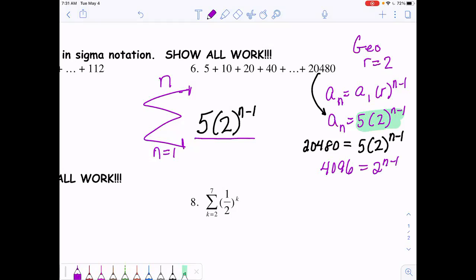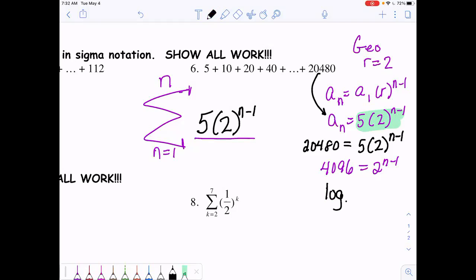So divide by 5 first to get rid of the 5. You cannot multiply those two numbers together because the 5 is an integer and the 2 is attached to the exponent. It's an exponential value. So divide by 5. And then to solve this, you have an exponent of 2 to the n minus 1. So we're going to change that into log form.